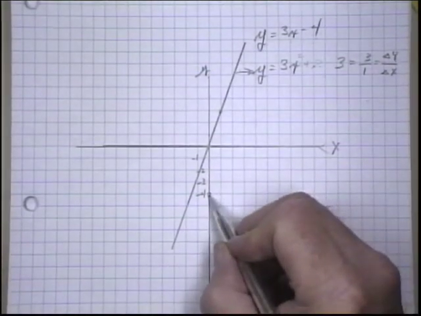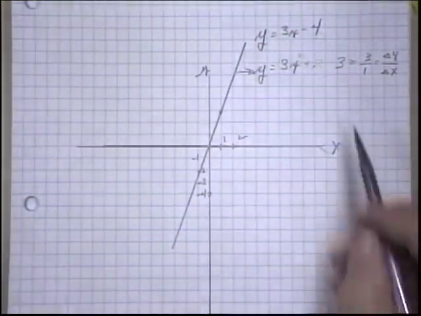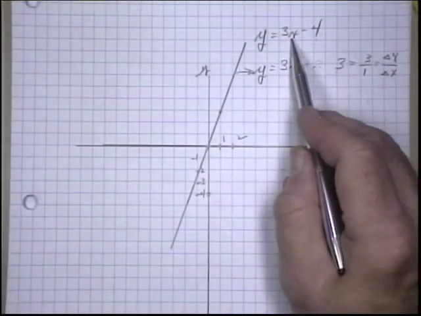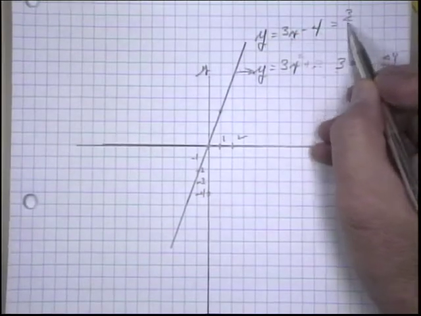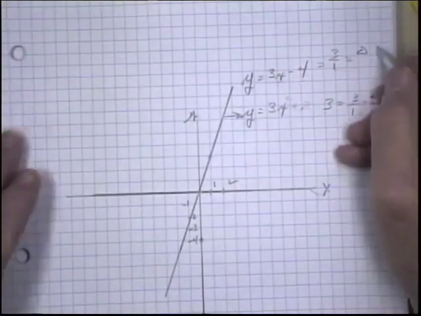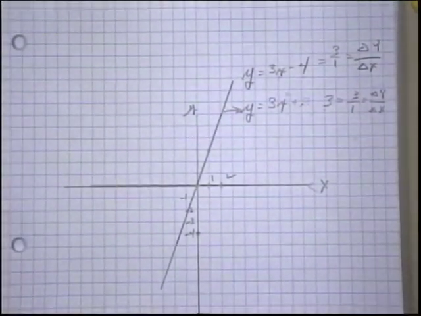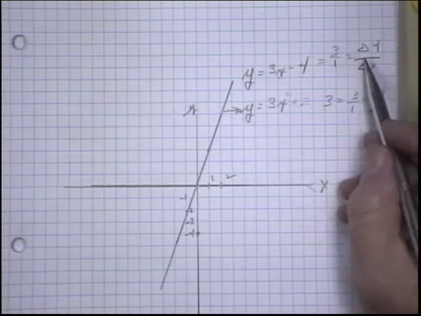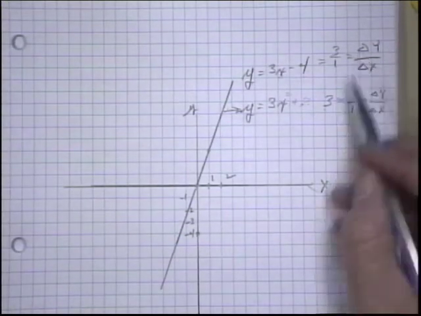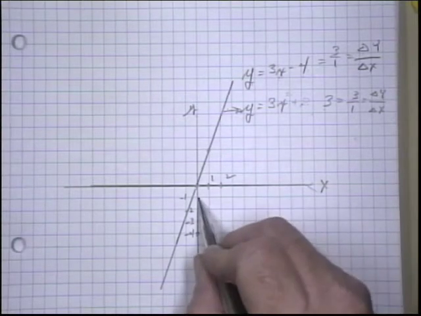Our slope is 3 still. That's the same as 3 over 1. That's the change in y divided by the change in x. So we're going to change y in a positive 3 direction. 1, 2, 3. And change x in a positive 1 direction.